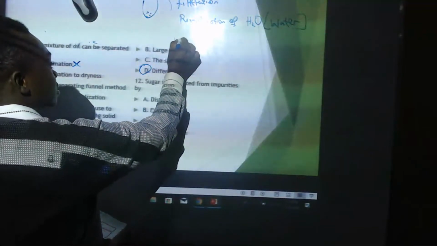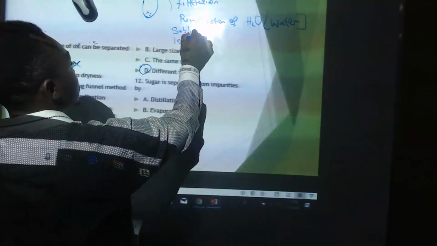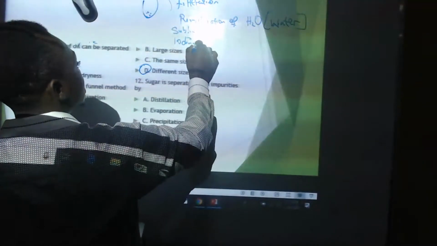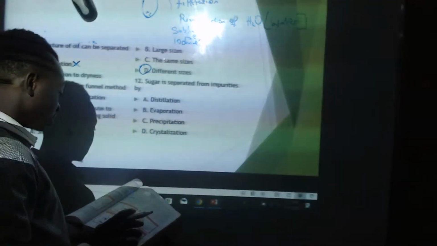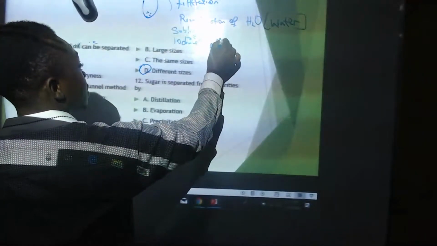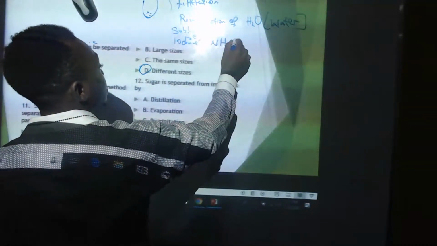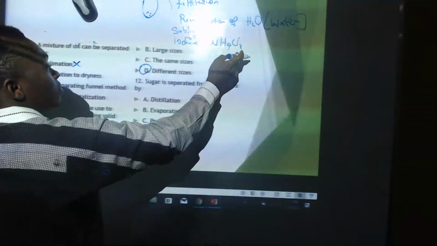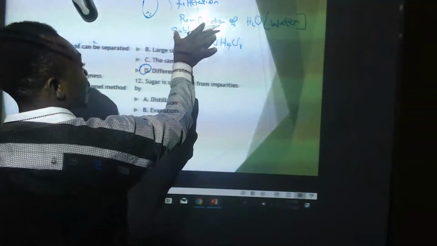I told you iodine. Sublimation. An example, I said iodine. You are able to separate iodine and even ammonium chloride. This is ammonium chloride, NH4Cl. Now, you see that iodine and ammonium chloride can undergo sublimation.